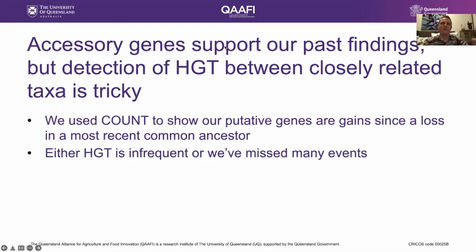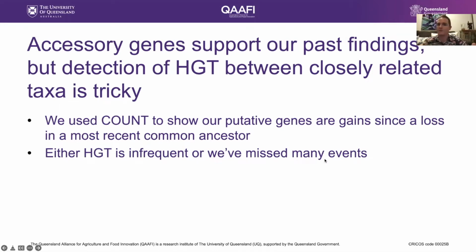So from what I've just shown you, I think it's evidence that accessory genes support our past finding that there's no recombination among different phylo groups. Probably horizontal gene transfer is infrequent, and that's based on how difficult it was to even find our candidates that are putatively horizontal gene transfer events.